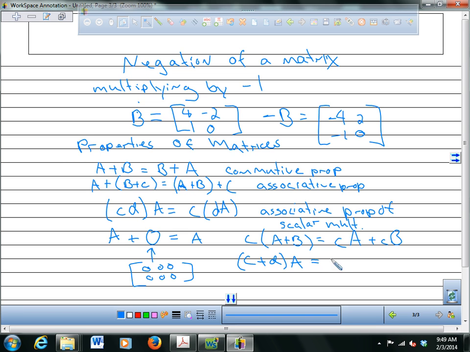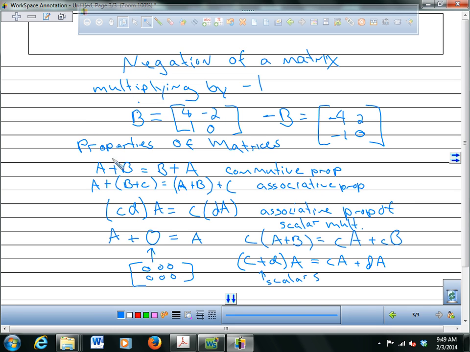CA plus DA. Yeah, CA plus DA. And that's also, whoops, little d, sorry, little d, where C and D are constants. So these are scalars. And that's called the distributive property. Okay?